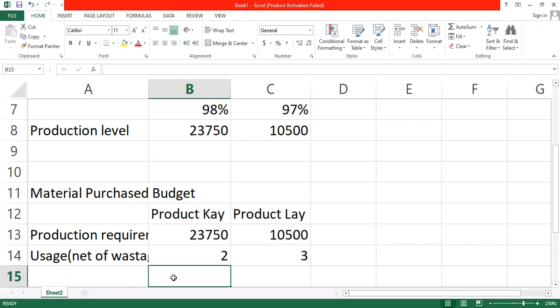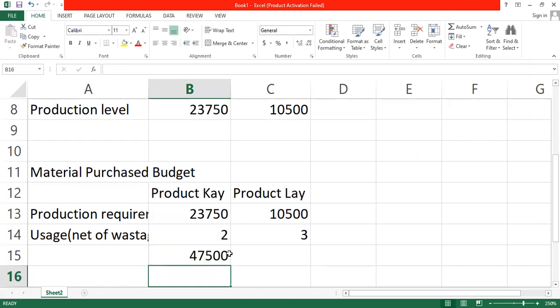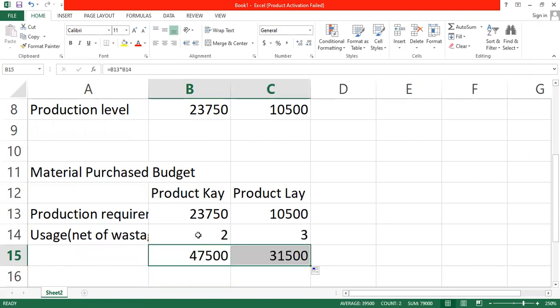If one unit is 2 kg, 23,750 units will be how much? What is the answer? Yeah, 47,500.